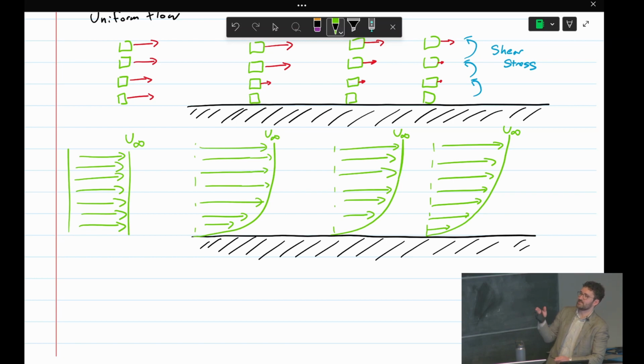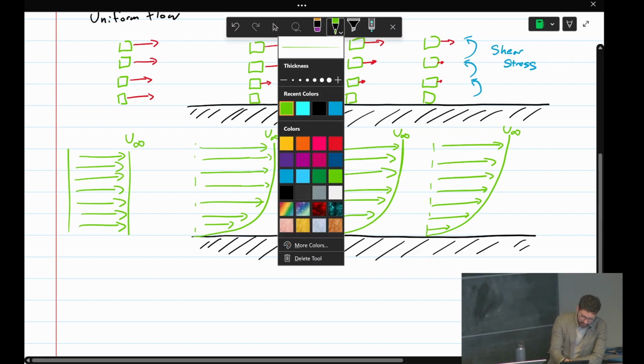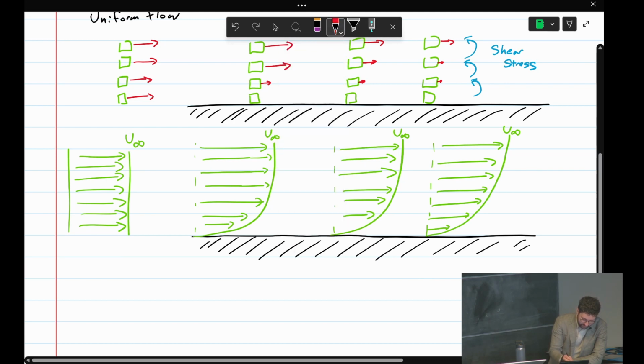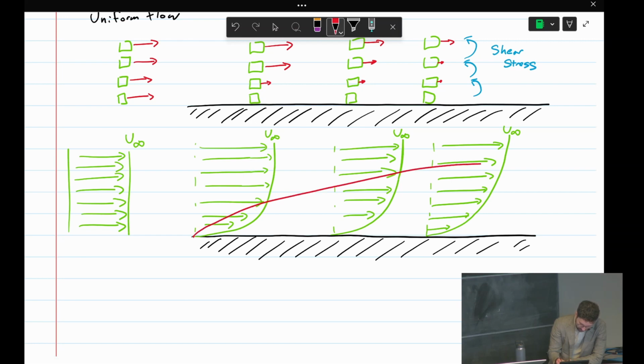That U infinity is still achieved by the parcels very far from the wall that haven't felt the effects of the wall. But the parcels near the wall certainly feel those effects. They slow each other down, then they slow the next ones down, and so on and so on. So we get kind of a growth of a layer of fluid called the boundary layer.